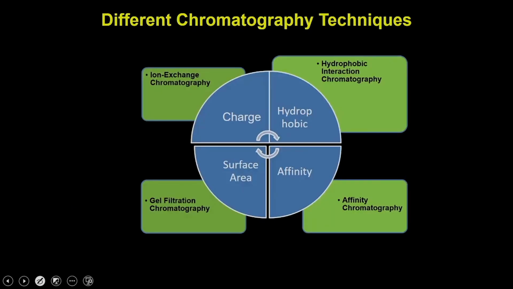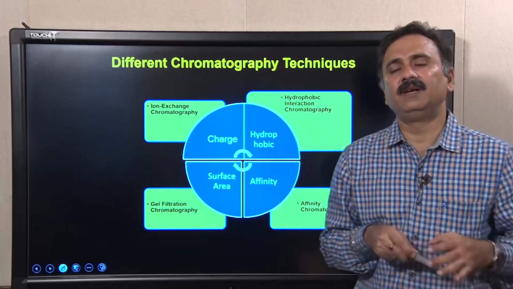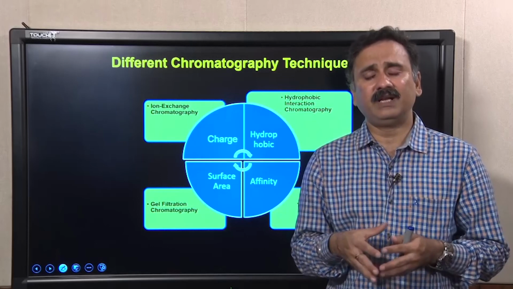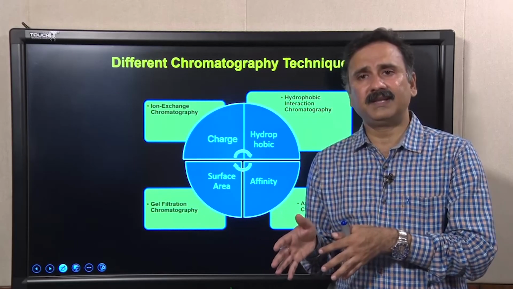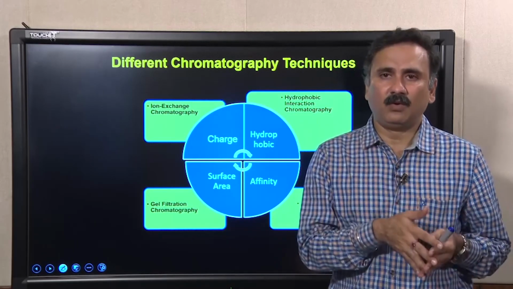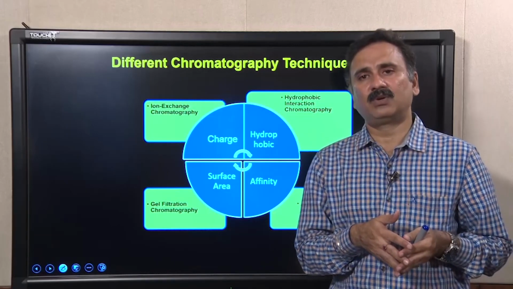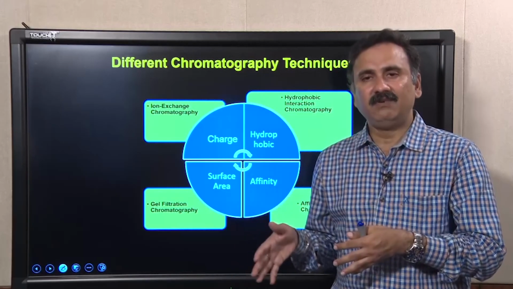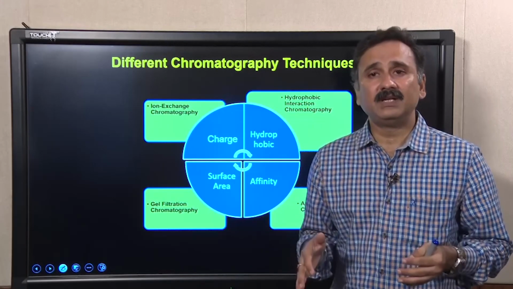So, with this we have discussed different chromatography techniques. We started with the basics of chromatography techniques, then we discussed ion exchange chromatography, followed by hydrophobic interaction chromatography, gel filtration chromatography, and lastly affinity chromatography.